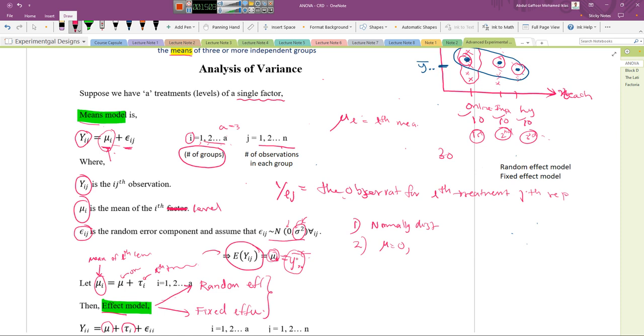Each treatment will have an effect on our mu. So mu I is equal to mu plus tau I. This tau I may be negative or positive. Here we consider the magnitude along with the sign. If it is negative, it will be subtracted from the overall mean, and if it is positive, it will simply be added.